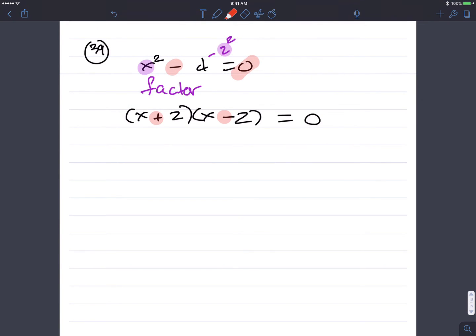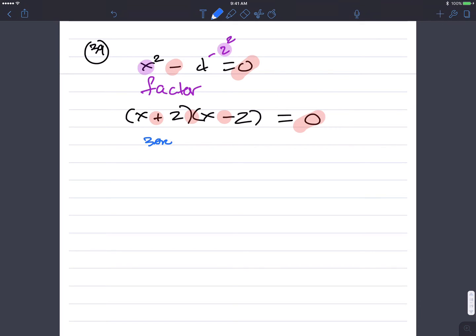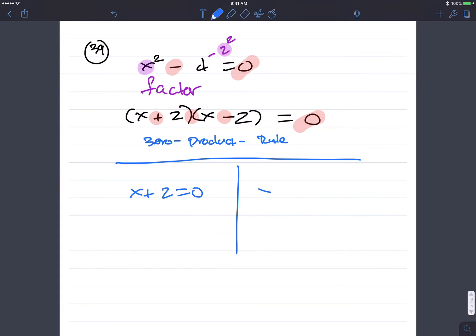Minus. Now you can use a zero product rule because you got a product. You got 0. So I don't know if you guys like me writing down zero product rule. Maybe you do, maybe you don't. But the zero product rule: x plus 2 is 0, x minus 2 is 0.